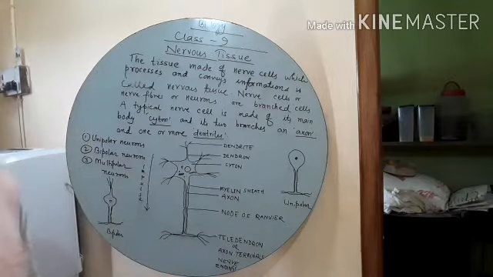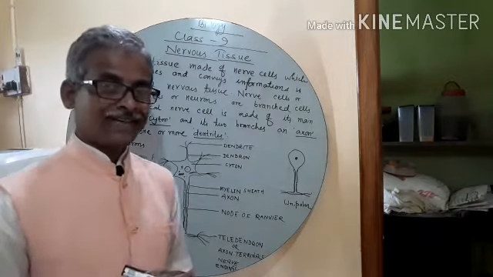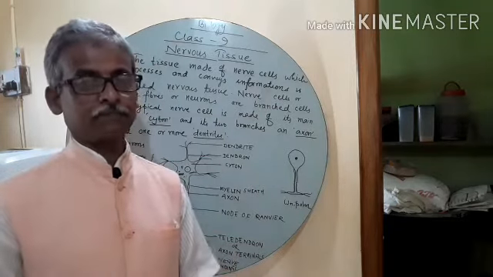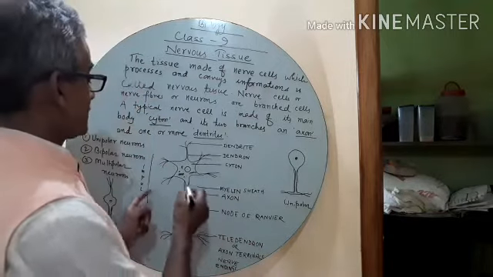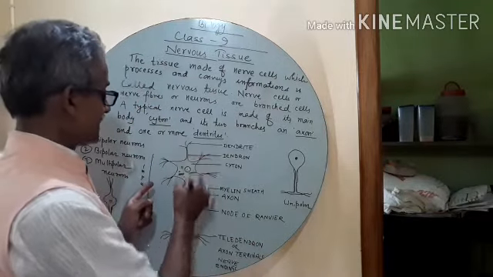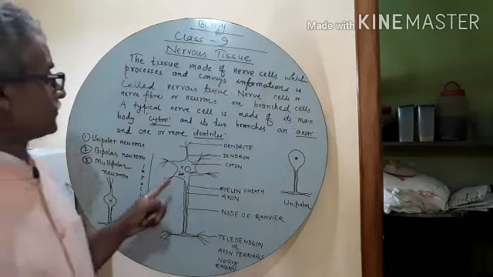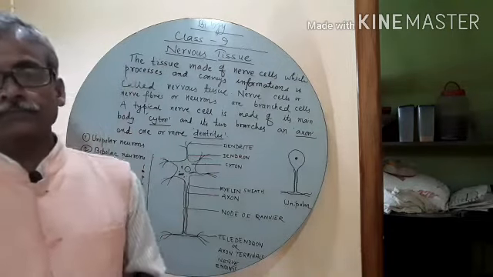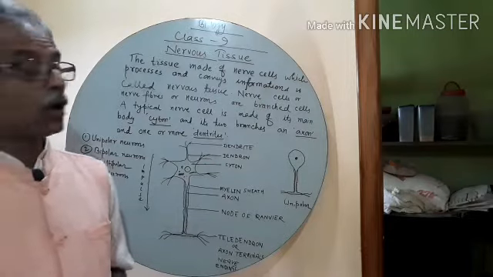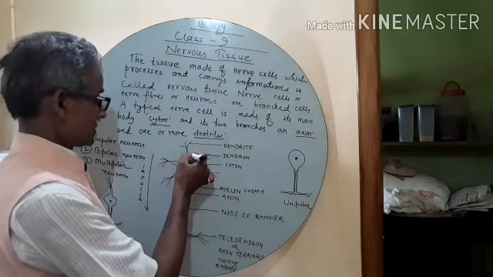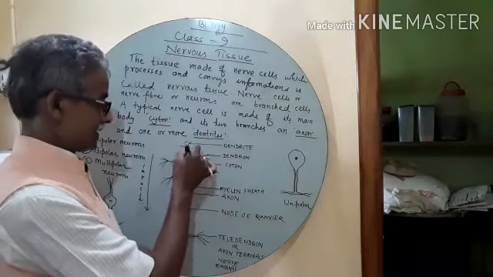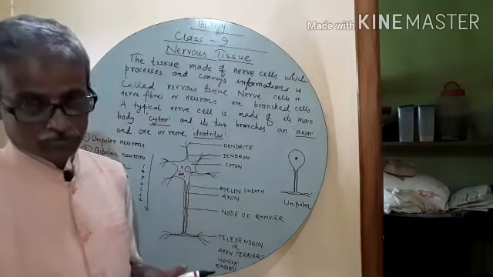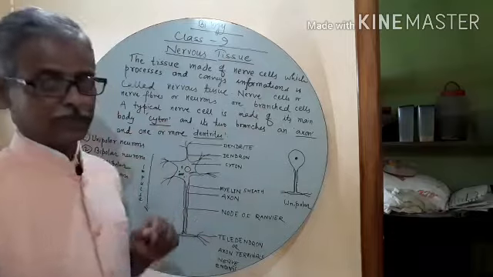And this is done with the help of electric impulse. That electric impulse moves in the nerve cell from cyton to axon, or from dendrites to axon through the cyton.